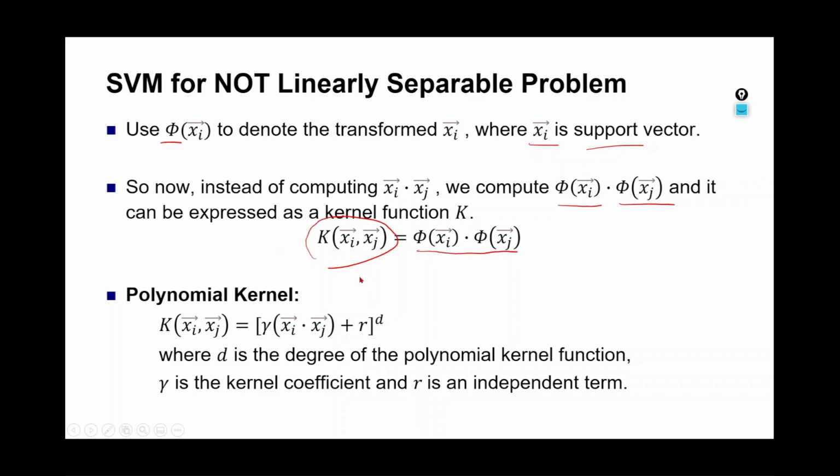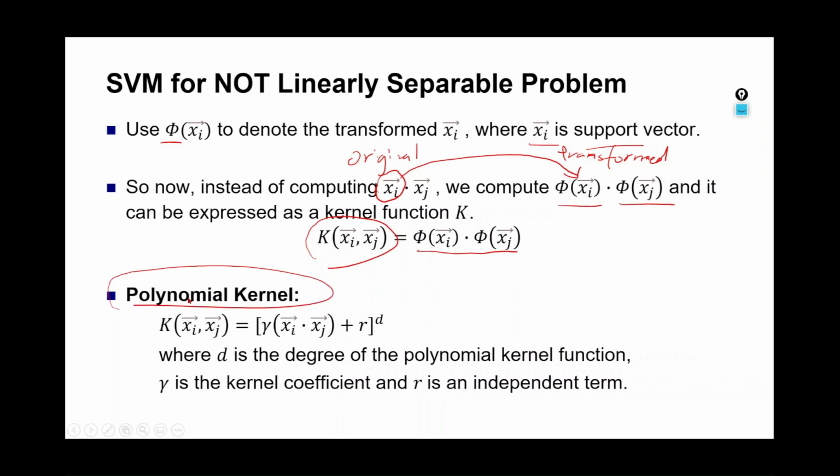Now the question is, how do we come from this original xi to this transformed xi? Basically, how do we increase the dimensionality so that we can solve the problem? This kernel function is called a polynomial kernel.